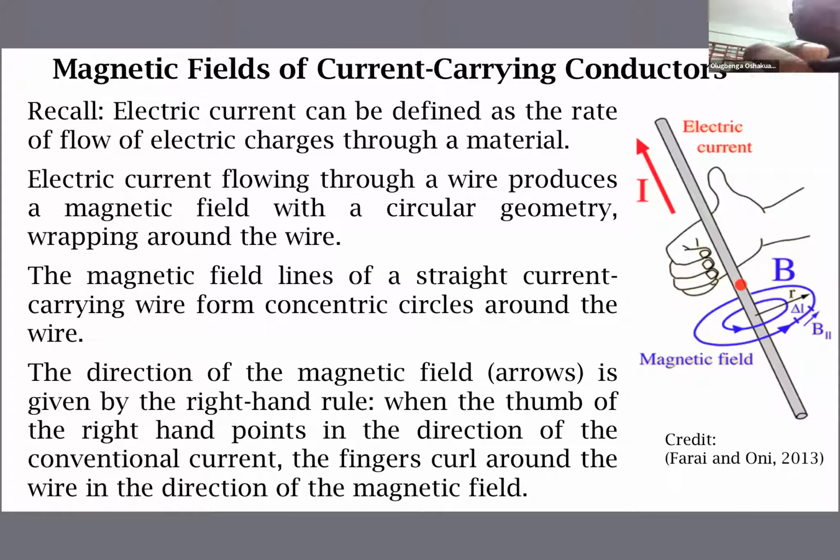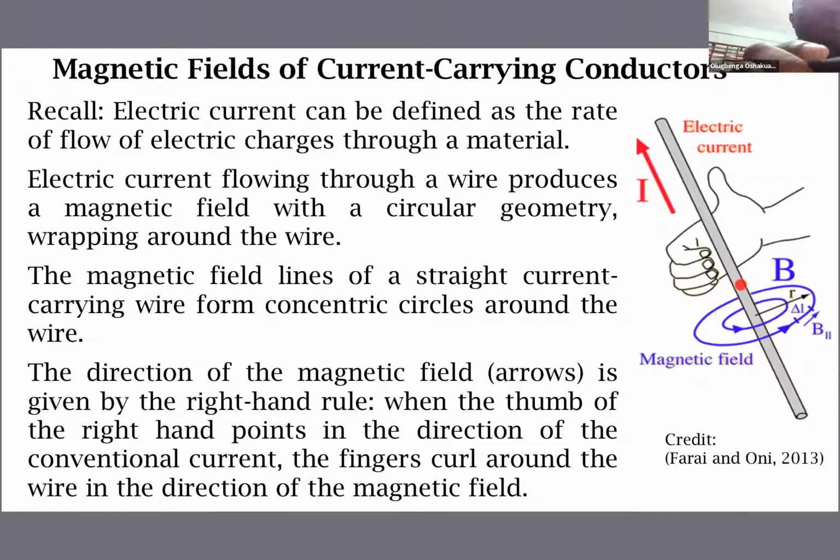So let's move ahead. When we have two current carrying conductors that are next to each other, what happens? The current flow in the first conductor will create a magnetic field around it, and the electric current in the second conductor will also create a magnetic force around it.